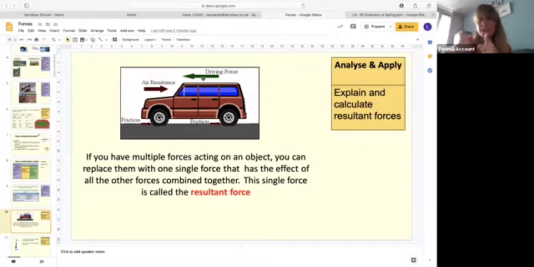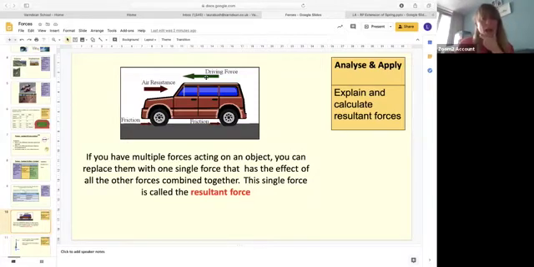You may be given that this arrow is worth 5 centimeters or 10 centimeters, and if something's equal and opposite, your opposite force has to be the same value.